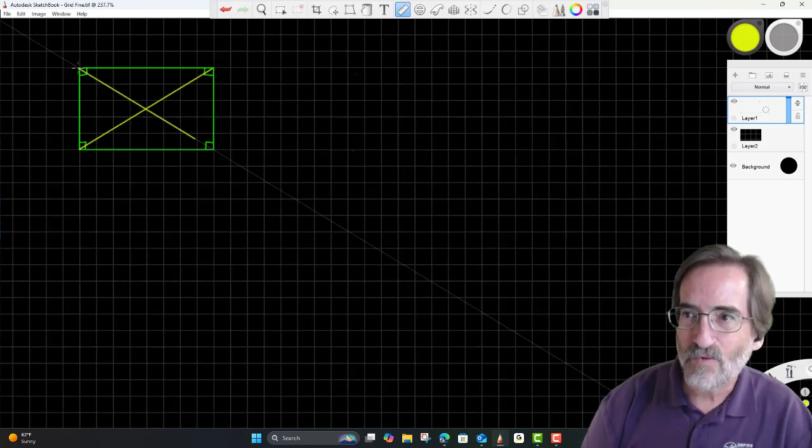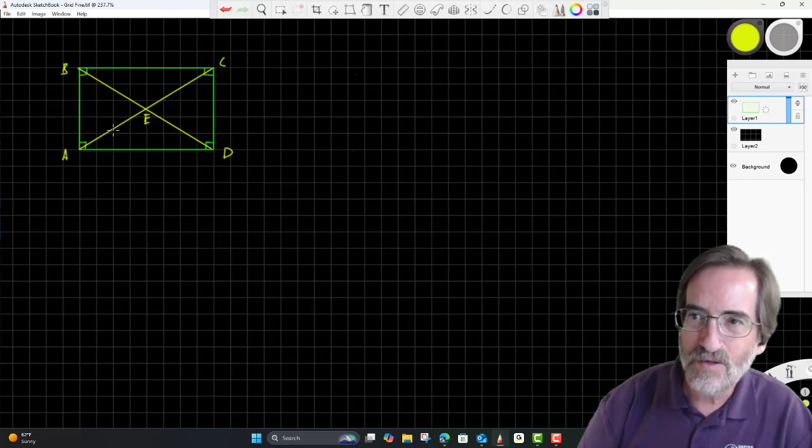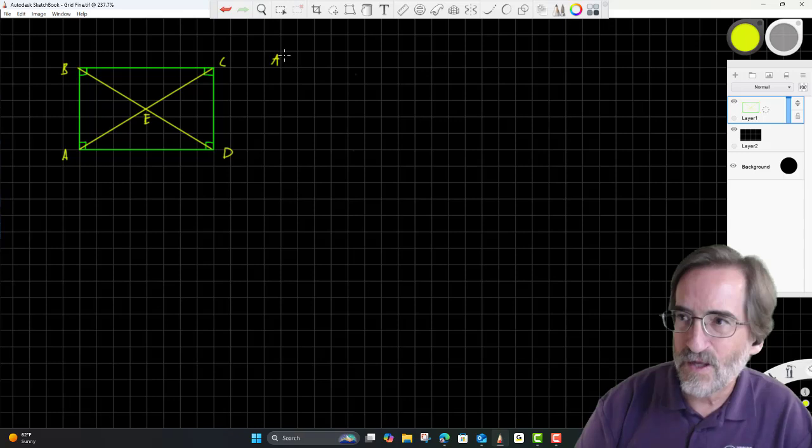So, for example, we have rectangle ABCD, with center or midpoint E. AE, if I draw it without a bar above it, it means distance.